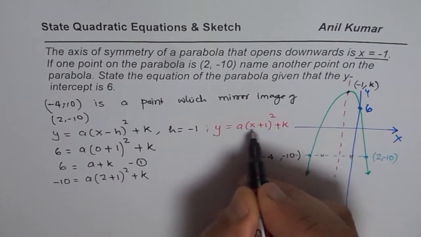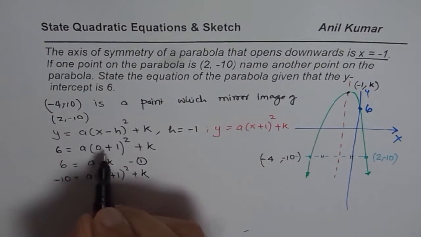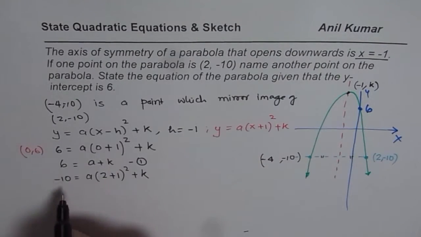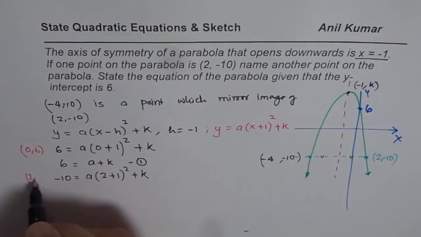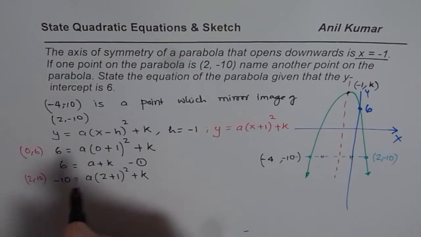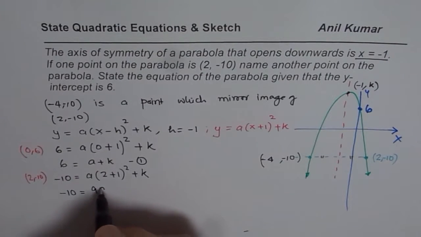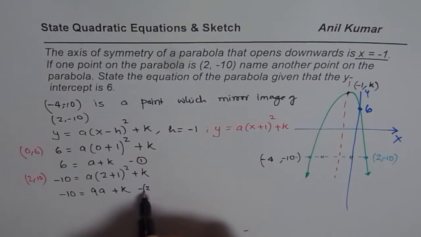In the first case we substituted the y-intercept (0, 6), and in this case we substituted (2, -10). Simplifying, minus 10 equals 9a plus k. That becomes our equation number 2.